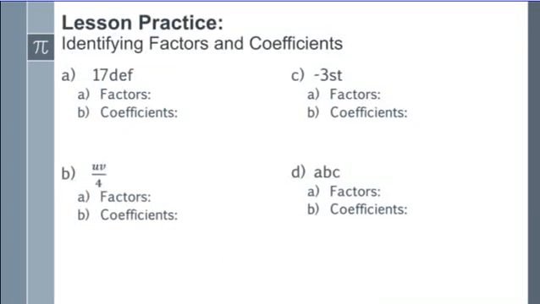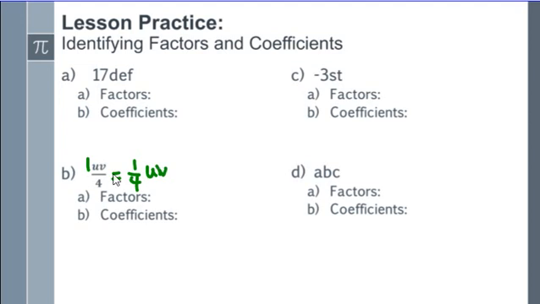Let's look at one more. We'll look at B and D in this example here. So letter B, UV divided by 4. Let's rewrite that. That's really saying 1/4, because really there's a 1 in front of here. So 1/4 times UV.